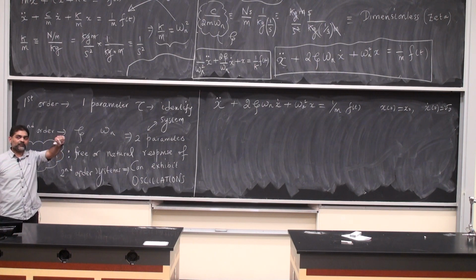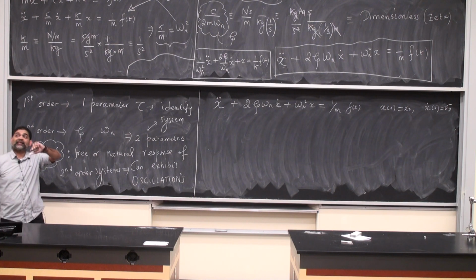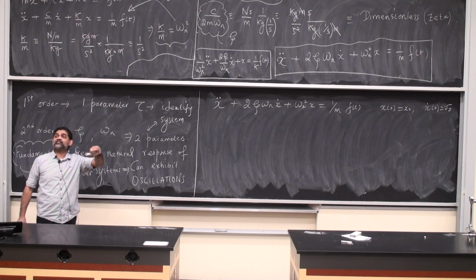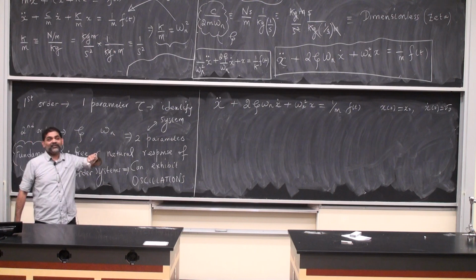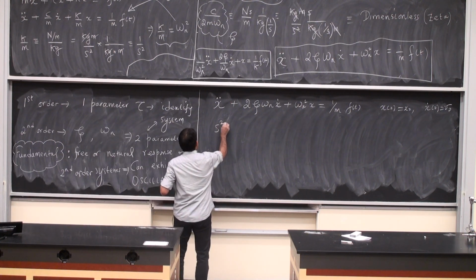If I say a double derivative, what should I see in the Laplace transform? I need to see an s squared. The Laplace transform of an x double dot gives me an s squared times x of s. So the first term is going to give me an s squared.